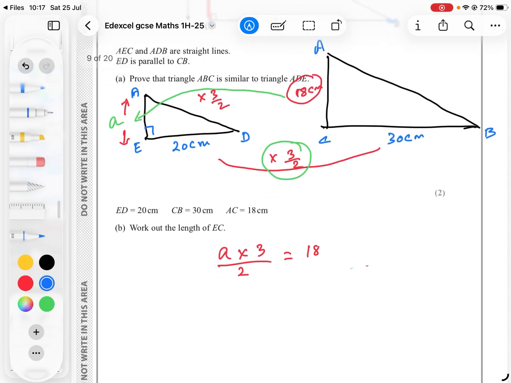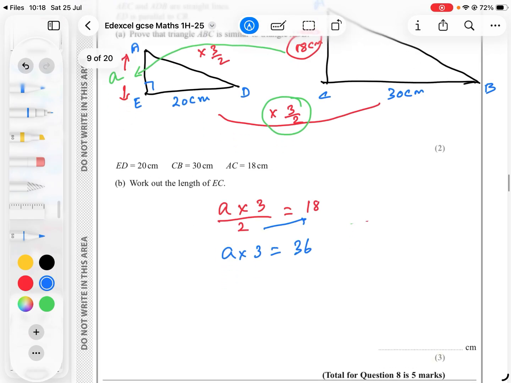Now when you move to that side, A times 3 equals 18 times 2, 36. Now to work out A, divide by 3 on both sides. So A equals 36 divided by 3, 12 centimeter.